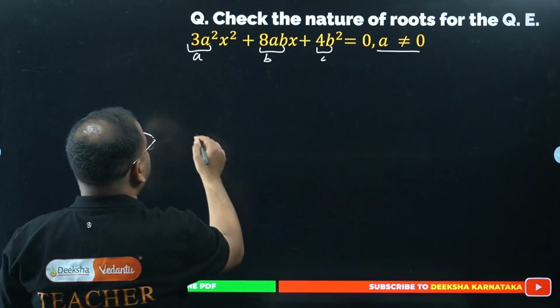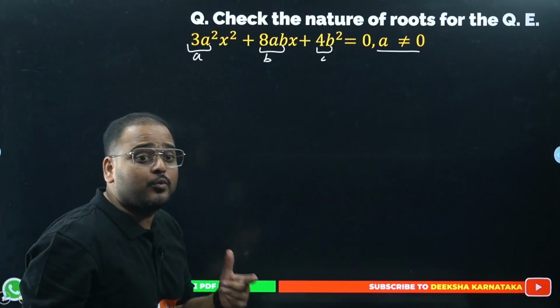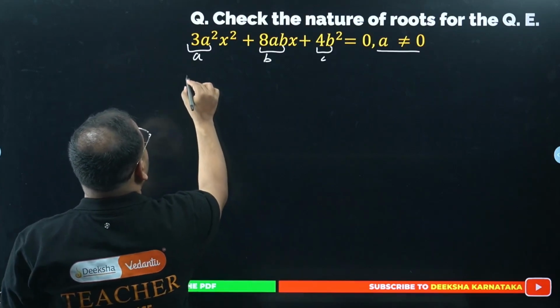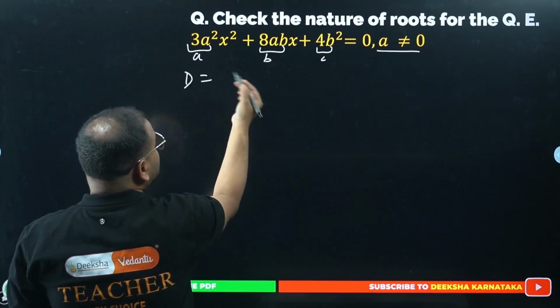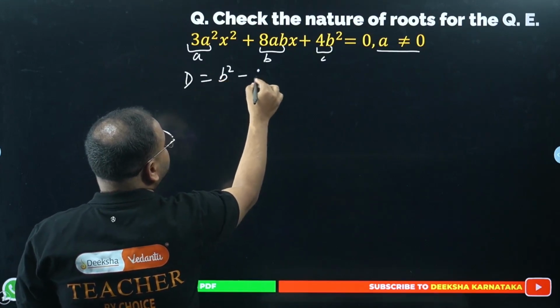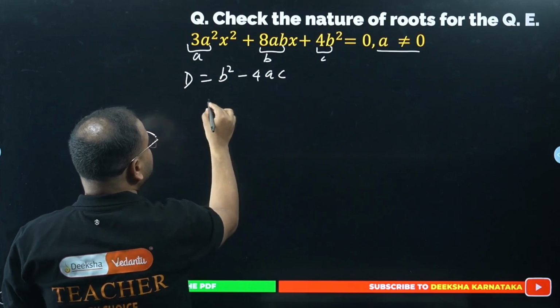Okay, let's use the discriminant, because to tell the nature of roots, what we need is the discriminant. So D is equal to B square minus 4AC. I'll write it here. What is my B square?